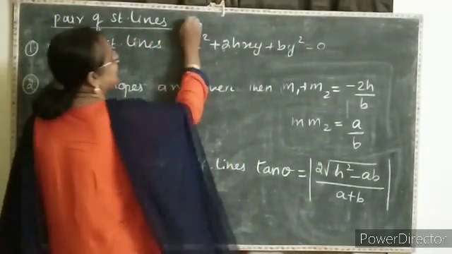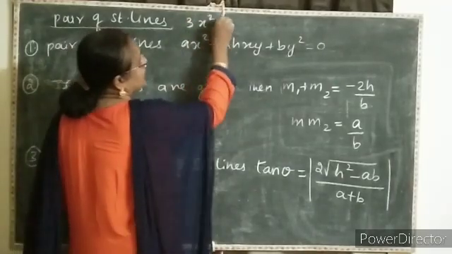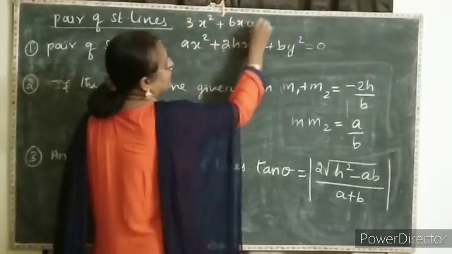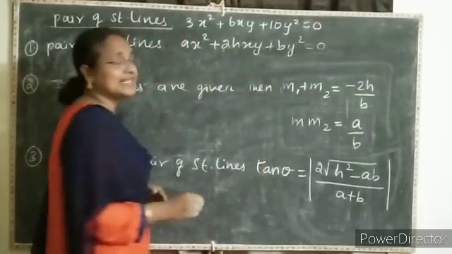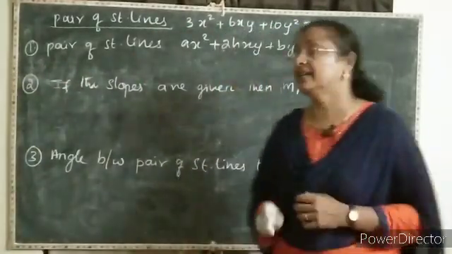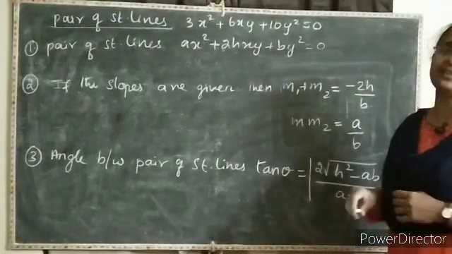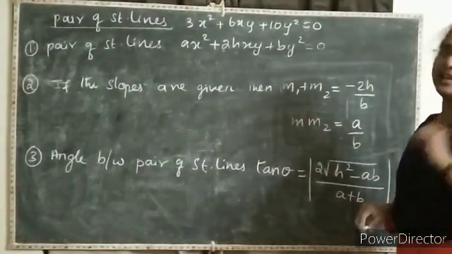For example, if I have 3x squared plus 6xy plus 10y squared equal to 0 as a pair of straight lines, from this I can find the values of a, b and h.